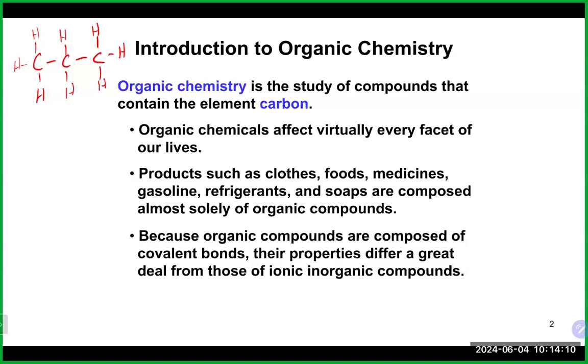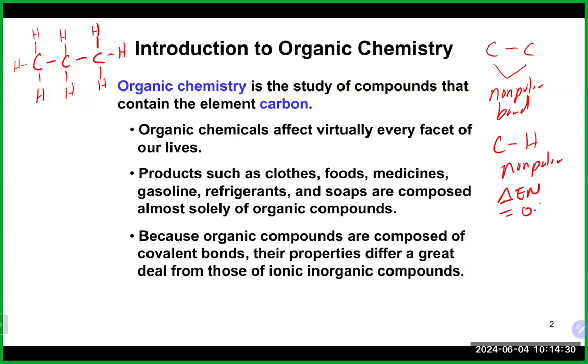Since the basis of organic chemistry is carbon-carbon, that's a nonpolar bond. The carbon-hydrogen bond is nonpolar as well, with a difference in electronegativity of about 0.4, which is nonpolar. And the carbon-carbon bond has a difference in electronegativity of about 0, which is obviously nonpolar.